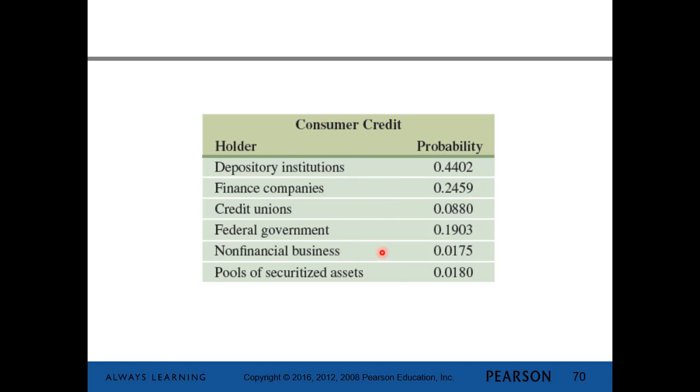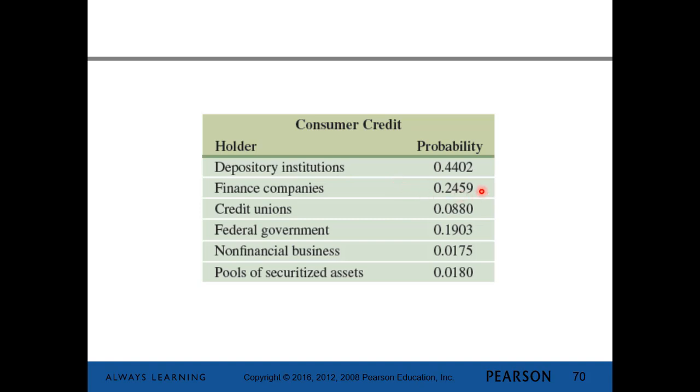Okay, now we can answer questions about probability. Now I can say, what's the probability that a randomly selected person is going to have loans with either credit unions or finance companies? The way we find that is we use our rule. What's the probability that a randomly selected person has their money with either a finance company or a credit union?